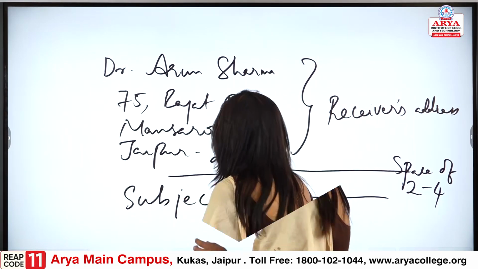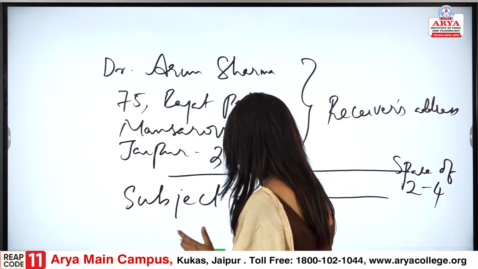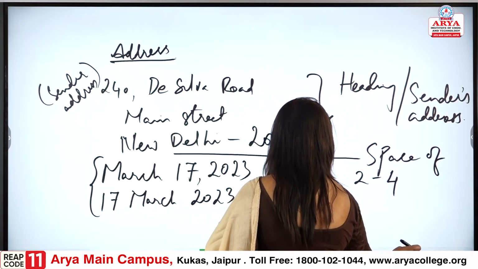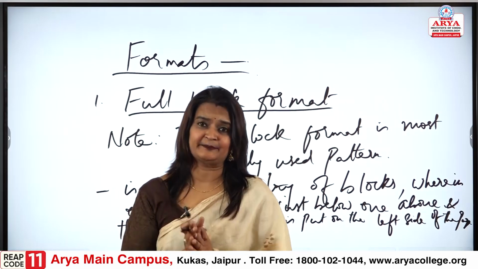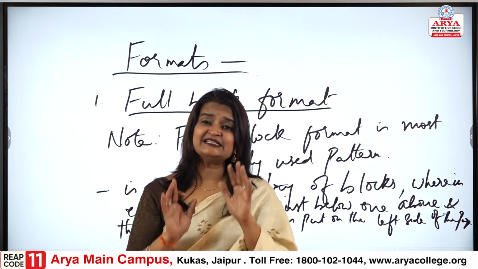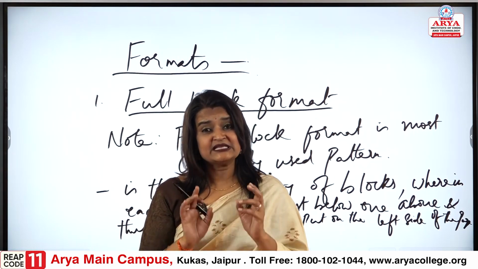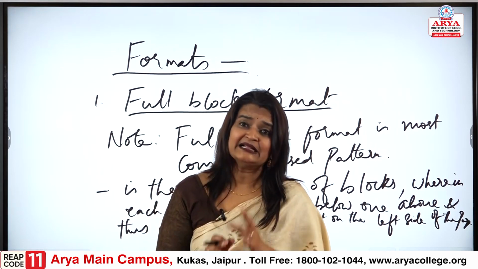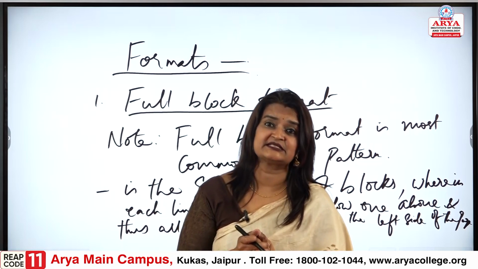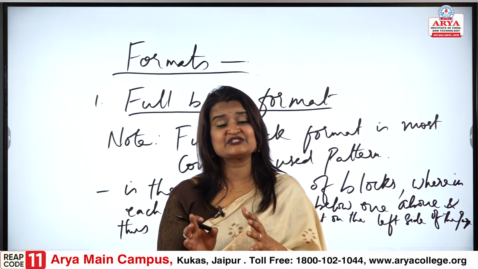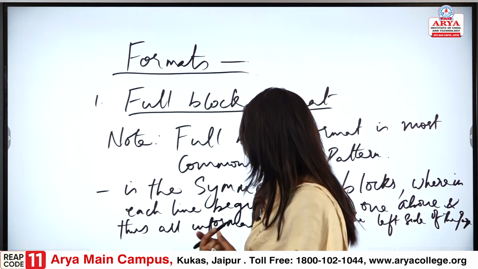So, this way when we are designing, this is called the full block format, and this is the format which we formally use. This is the most common format that is commonly used, and we have been using this for years, and it is a successful, perfect, well designed format.